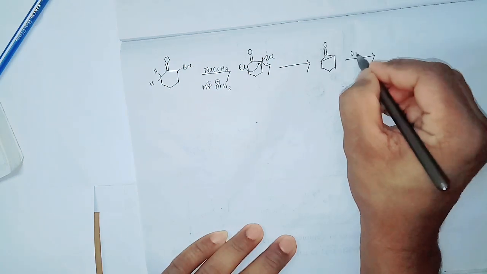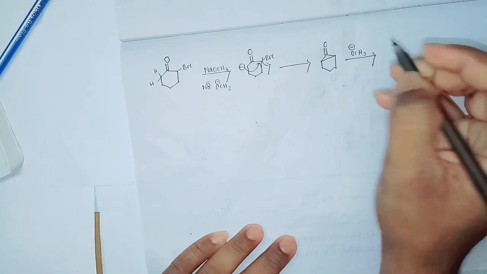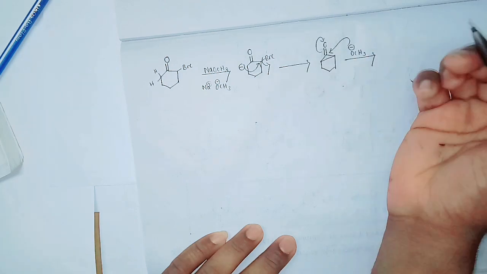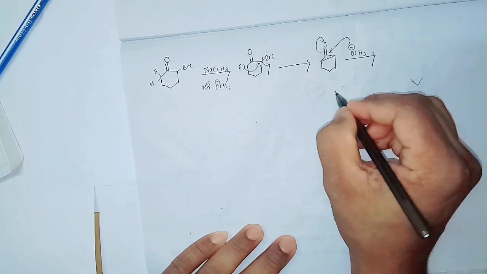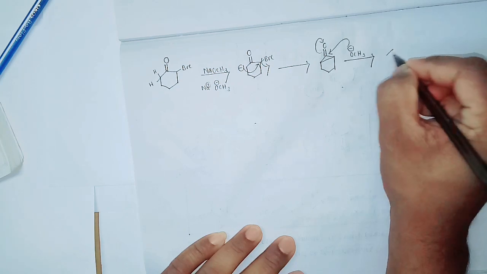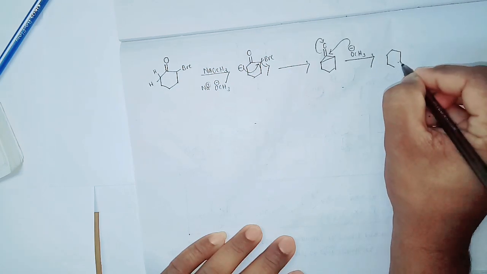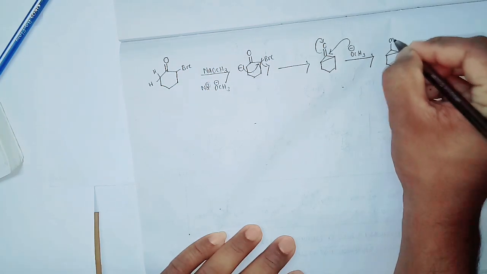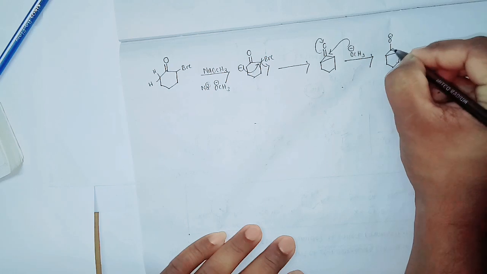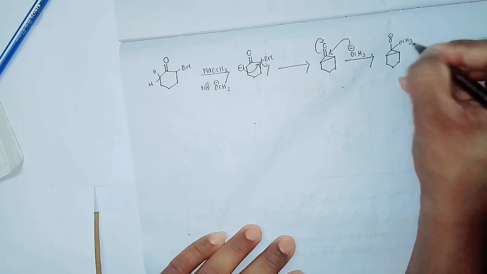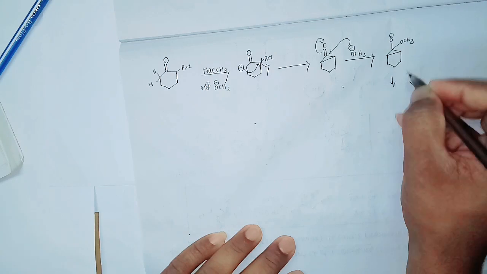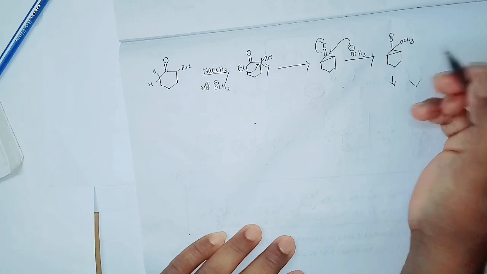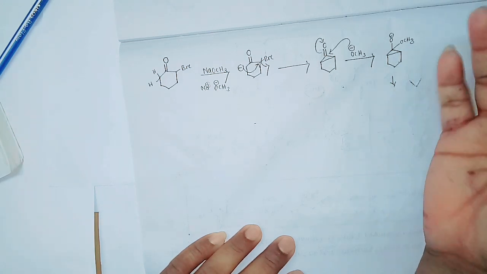Then OCH3 minus will again attack the electrophilic center and this bond shifts towards oxygen. Then we get the cyclopropane ring, with an O negative charge and OCH3. We know that this is a symmetrical structure, so this bond or this bond, any bond will break.